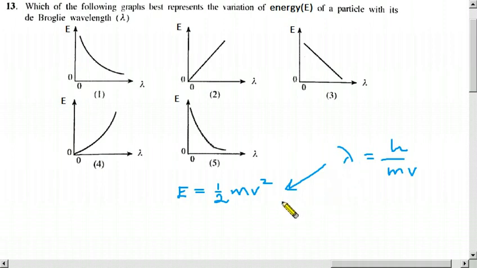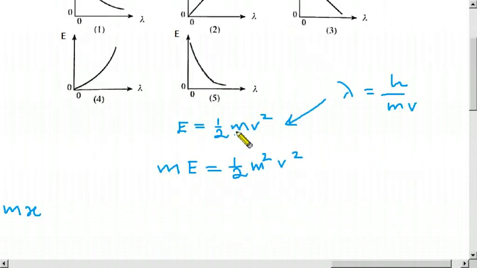To substitute, we should have an mv term here, therefore we multiply by m on both sides. So it gets like this. m times m is m squared. m times E is mE. On the right side we have to multiply by m, then we get m squared v squared.